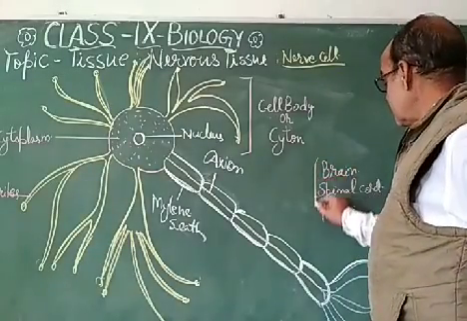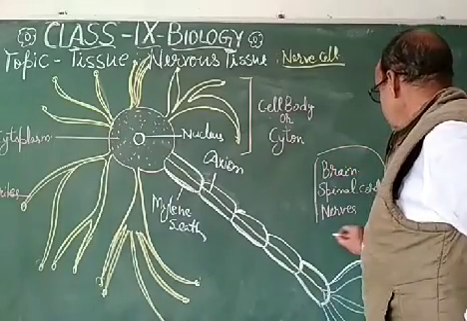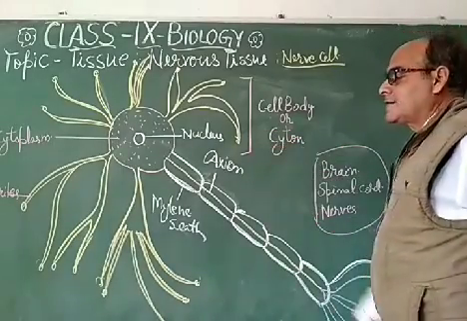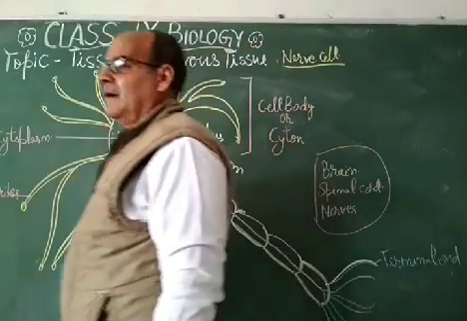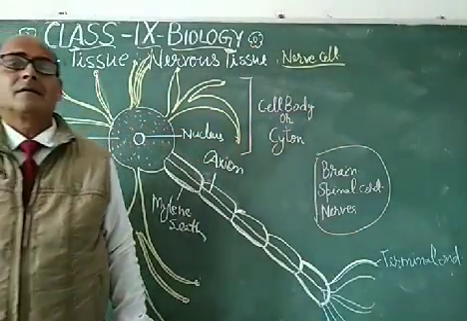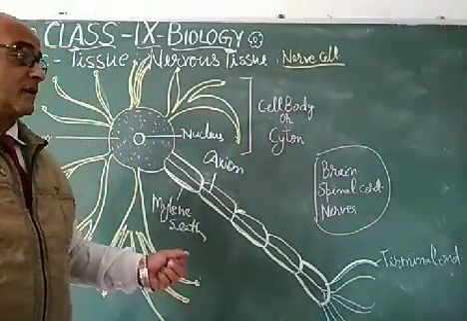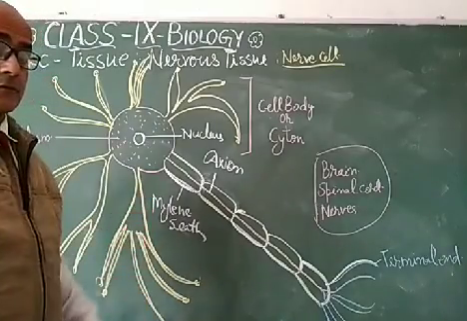So this complete nervous system is made up of these single cell structures. So many structures are like this, and that complicated structure is called nervous tissue.